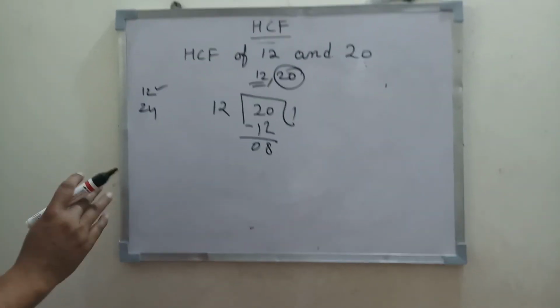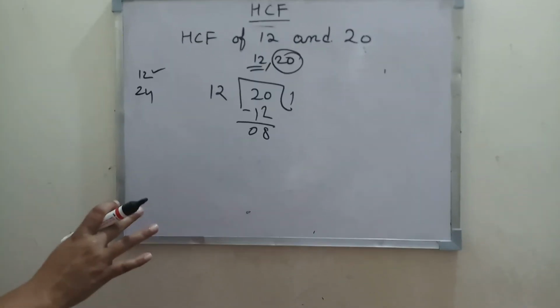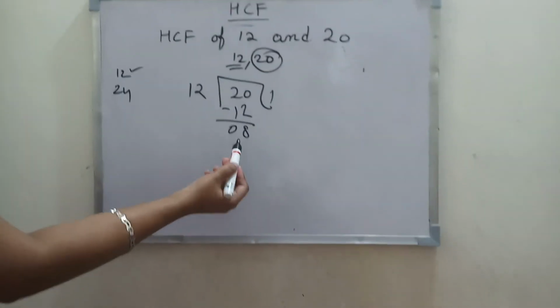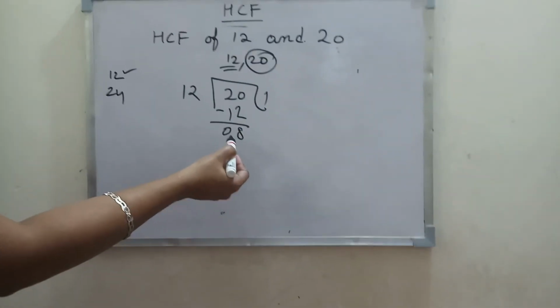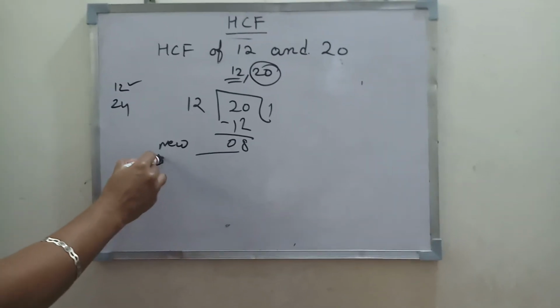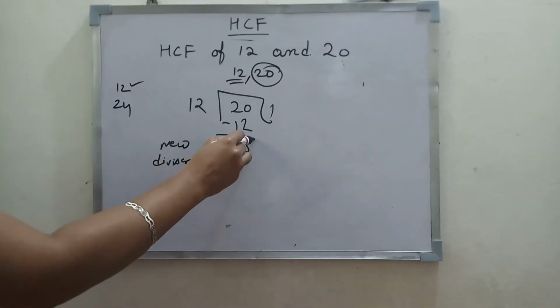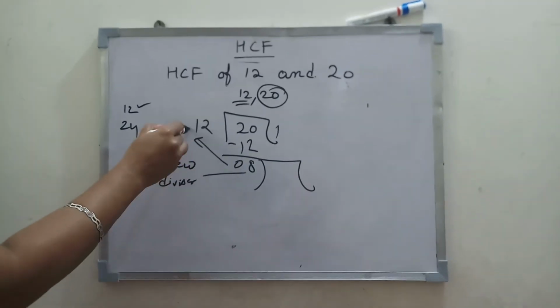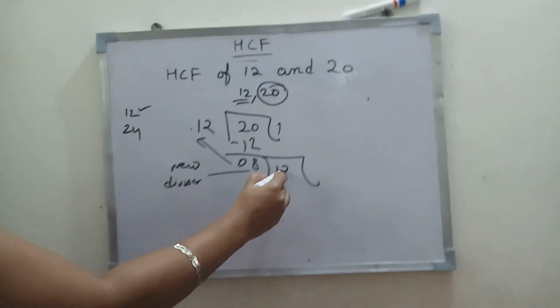Now your task is not complete. Here the question has a twist: the remainder which you get after subtraction will be your new divisor, and the previous divisor will be your new dividend.